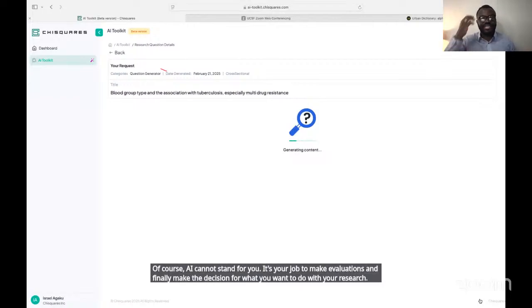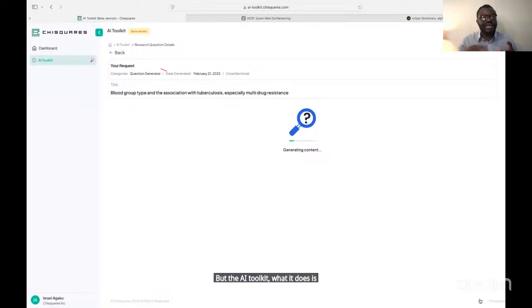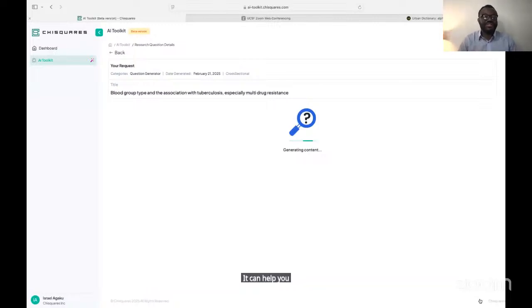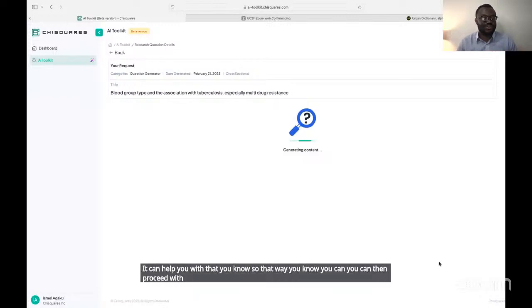But the AI toolkit helps you streamline, takes that rough idea you have, and helps you polish it into research questions that you can then explore. That initial part of brainstorming, it can help you with, so you can proceed with choosing which one you want to go with, and then doing your research. So that's what I would recommend.